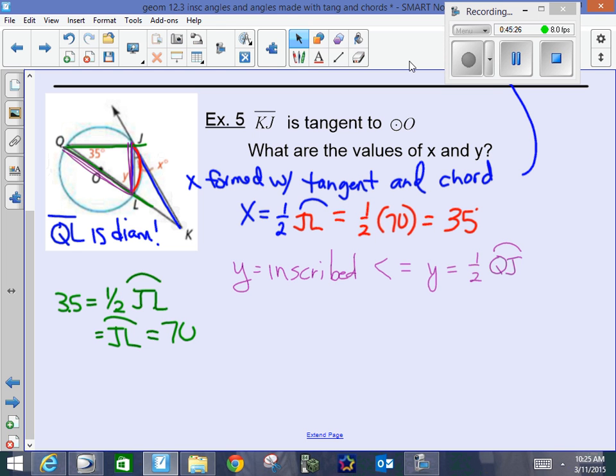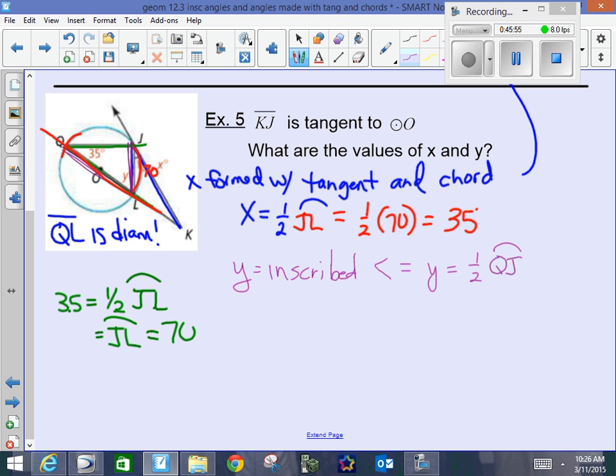Good. Do we know what that is? Let's see. We know this arc, we already said is 70, right? Don't forget, we know QL is a diameter. So everything on this side is how much? 180.